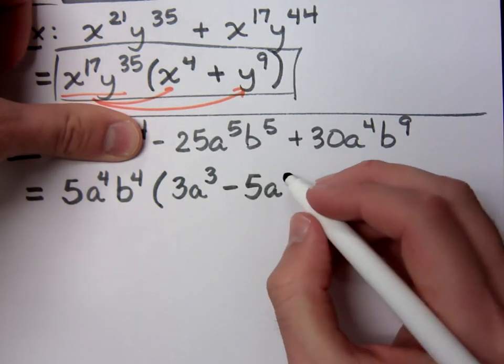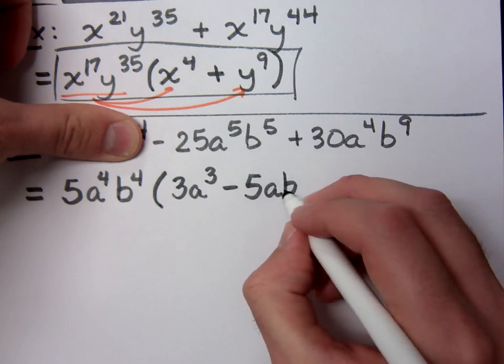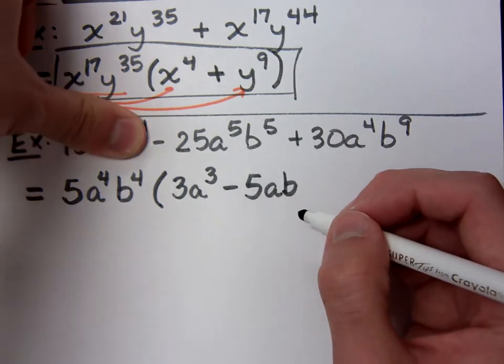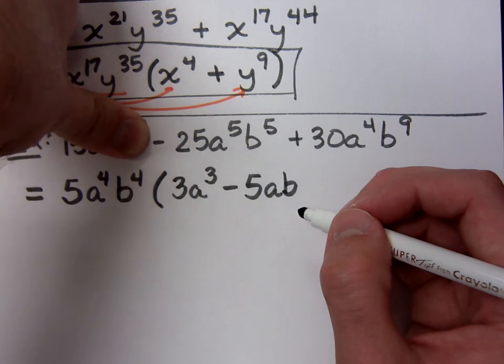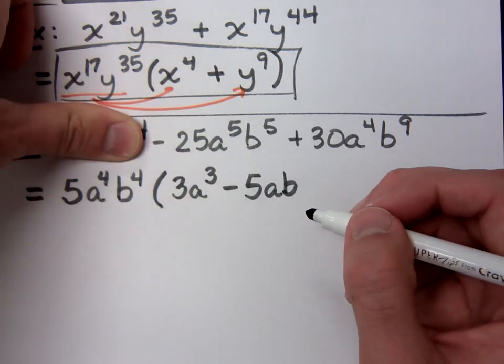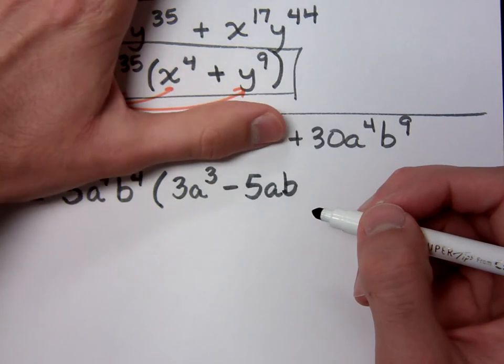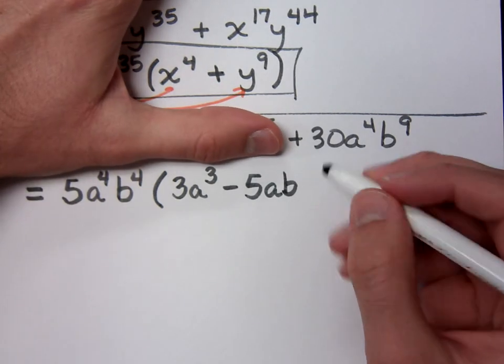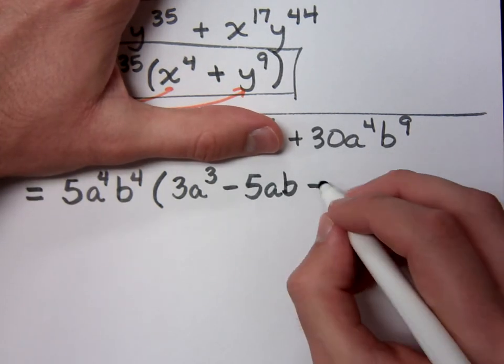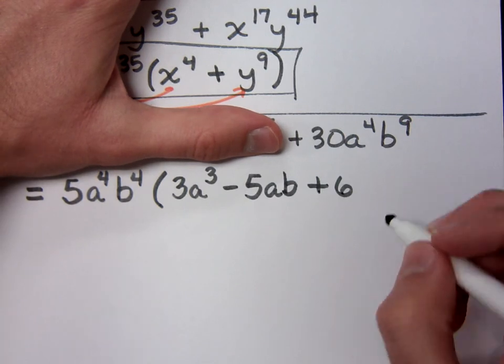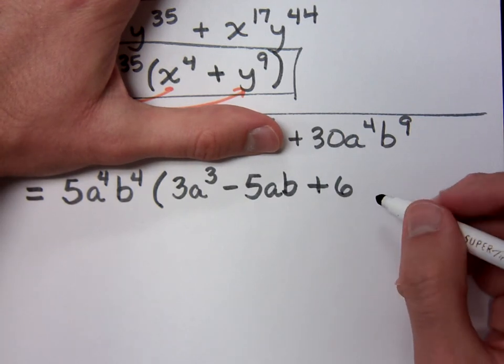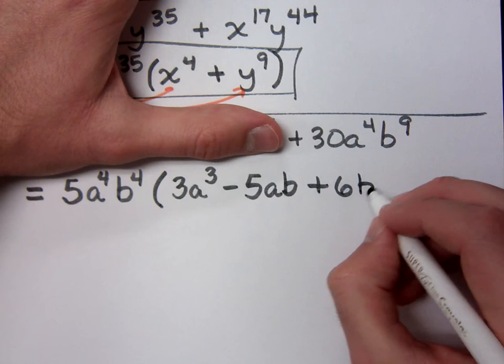How much b? 1. b to the first, but I don't need to write the 1, do I? No. Okay. The last guy right here, you have 30 divided by 5 is positive 6. How much a? 0. I don't have any factors of a, but I do have 5 factors of b.